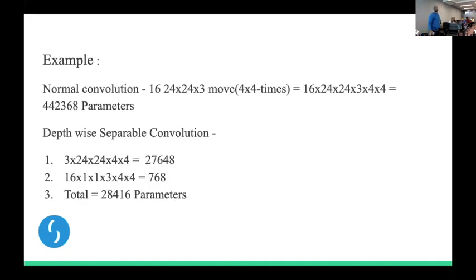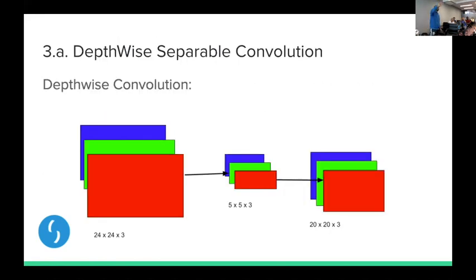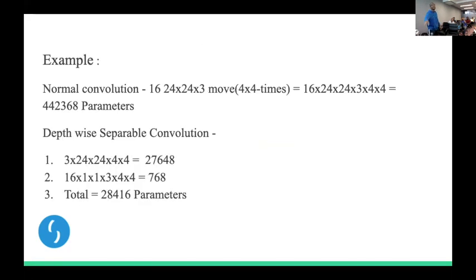If you multiply with normal convolution, with 16 channels and 24×24×3, the 5×5×3 filter moves around every time, and if you calculate 400 times, its matrix multiplication comes to 4,42,368 parameters.